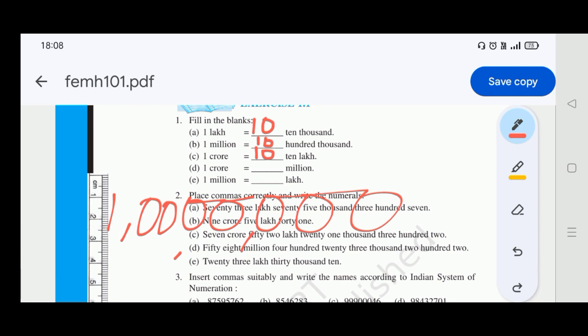Similarly, 1 crore is equal to 10 million. And 1 million is equal to 10 lakhs. So all the answers are 10. Just it is trickier.